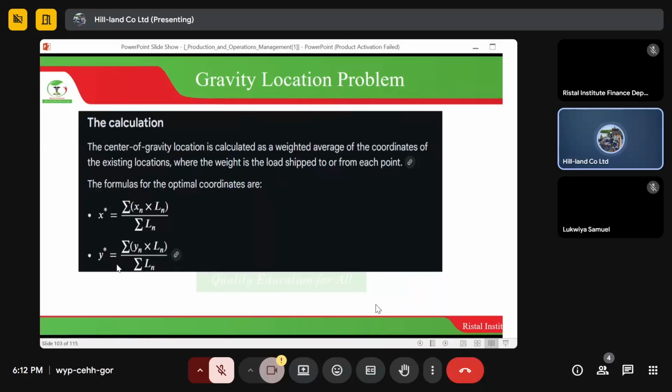The formula for both is the same. It's the summation of the coordinate of x times the load which we are supplying on x, divided by the summation of all the loads.